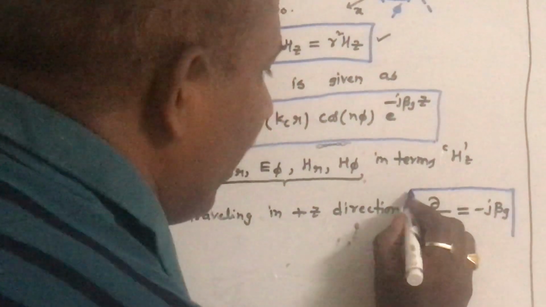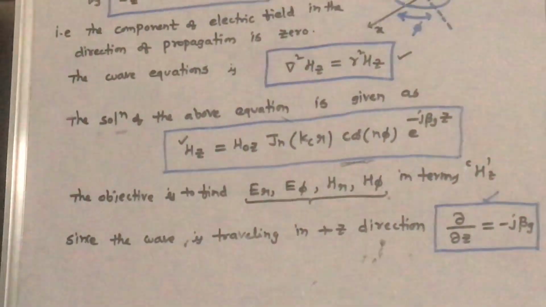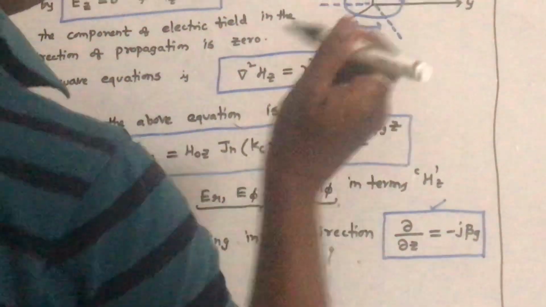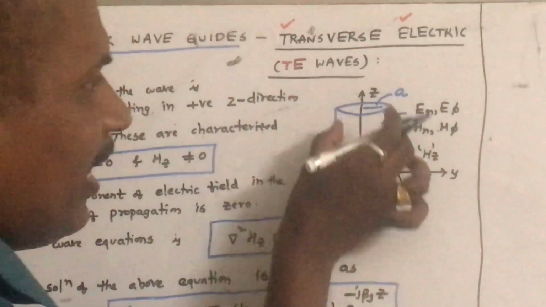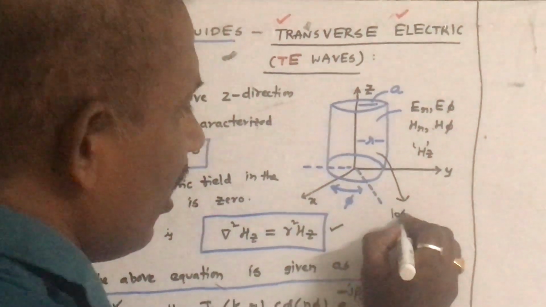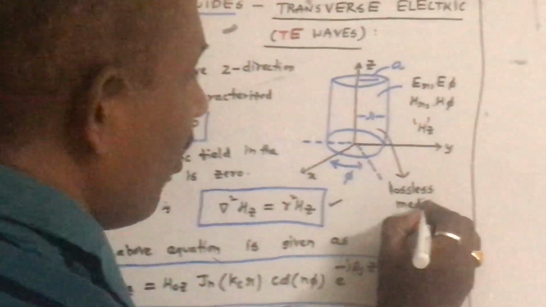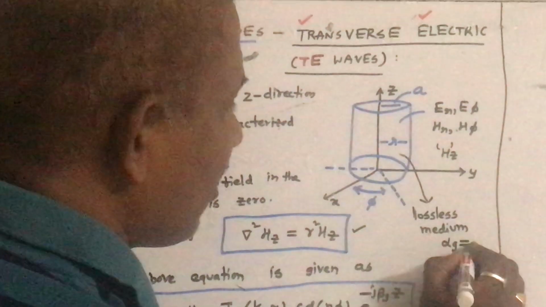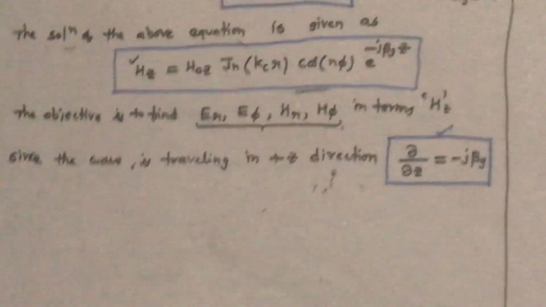Since the wave is propagating in positive z direction, wherever there is dou by dou z, replace it by minus j beta g. Assume that the medium inside the circular waveguide is a lossless medium, that is alpha suffix g is equal to 0. So because of this, dou by dou z is taken as minus j beta g.